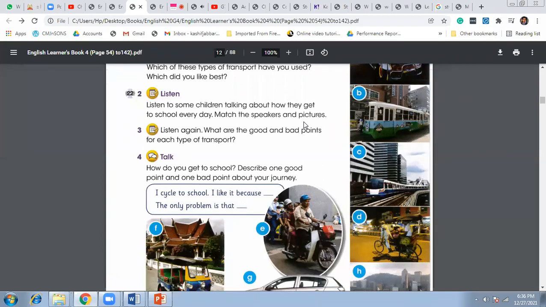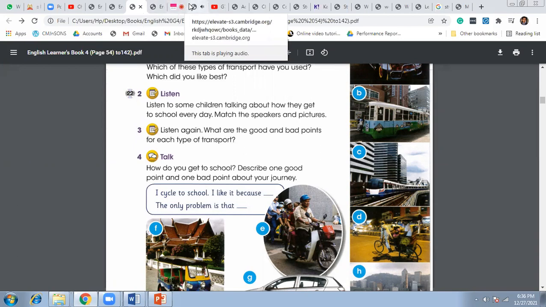It's faster than walking and you don't get stuck in traffic jams. The tuk-tuk driver can drive between cars, so we don't have to wait behind them. The only problem is that tuk-tuks are open on each side, so you breathe in the traffic fumes.